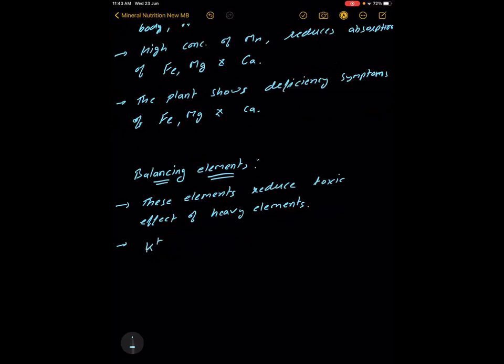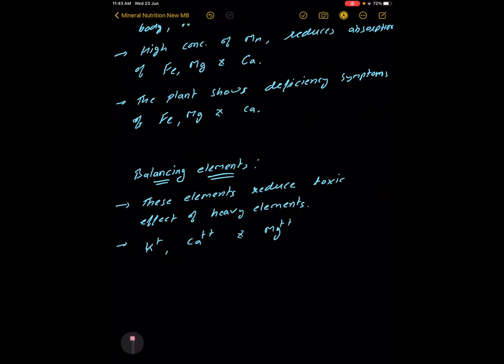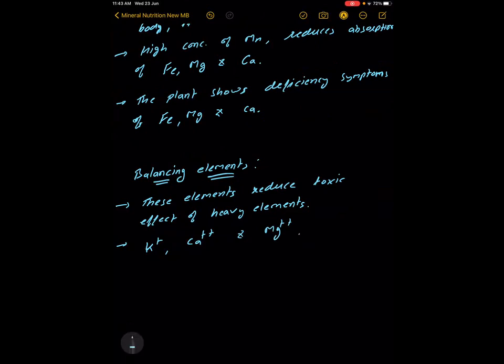Potassium ions, calcium ions, and magnesium ions. So these are balancing elements. Fine.